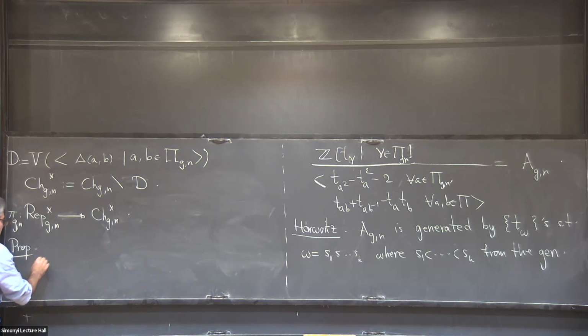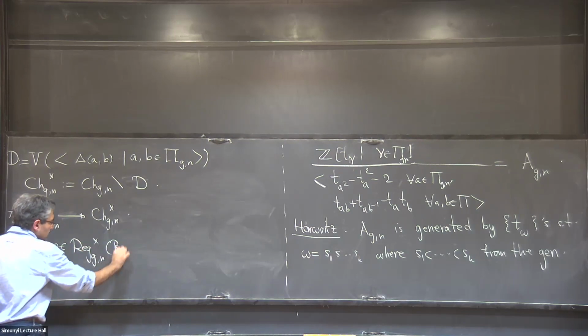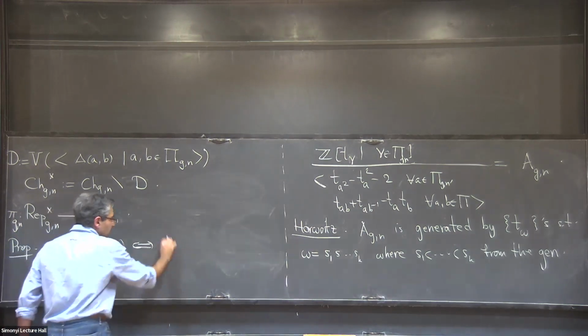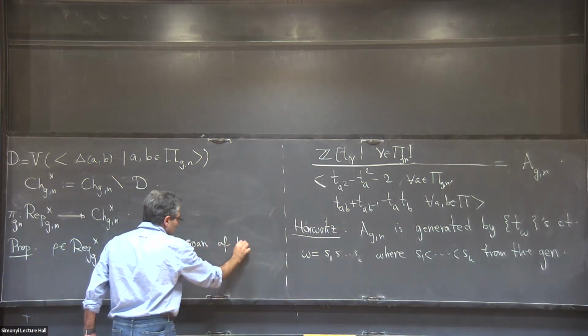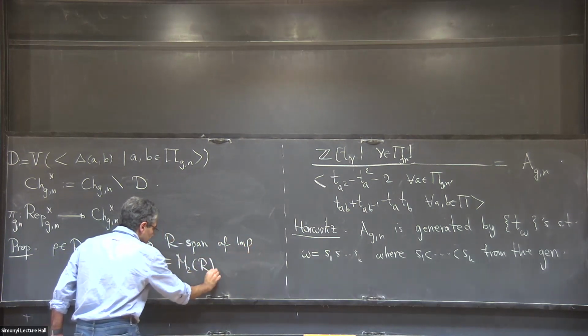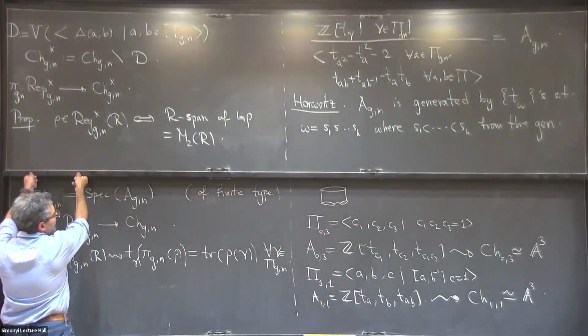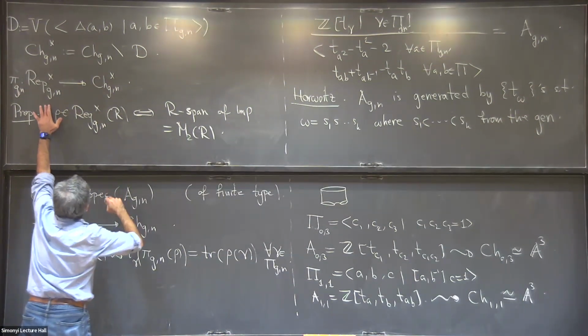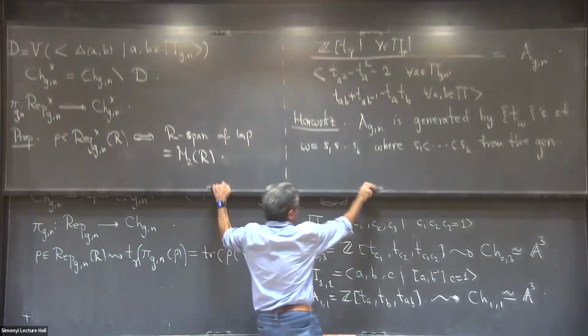For any unital commutative ring R, if I give you a rho, it belongs to this precisely when the R span of the image is the entire 2x2 matrices. So now I gave you this description. How about this, and what is the relation between them?